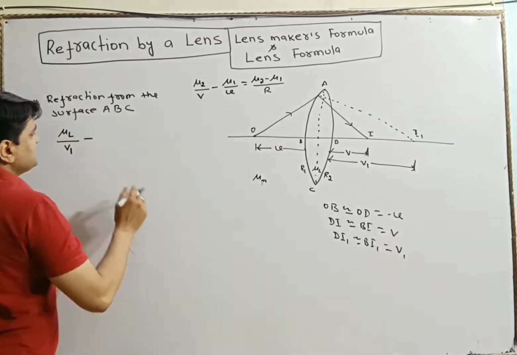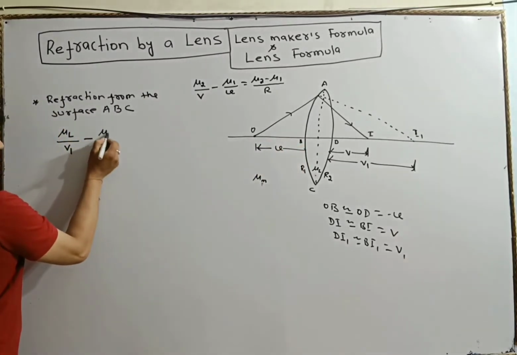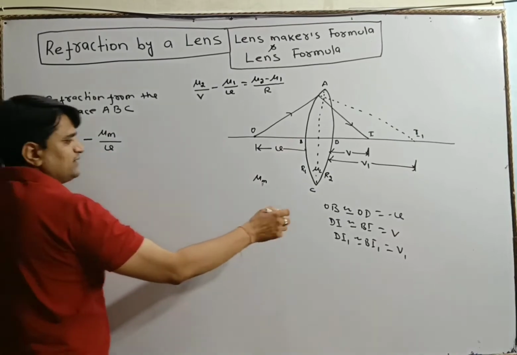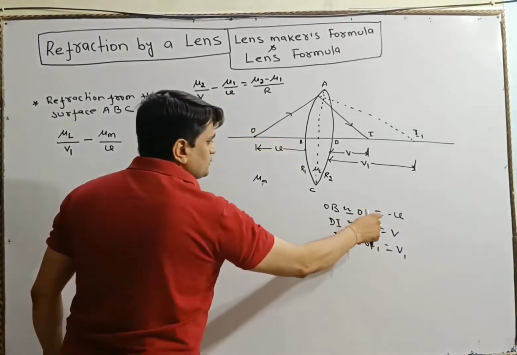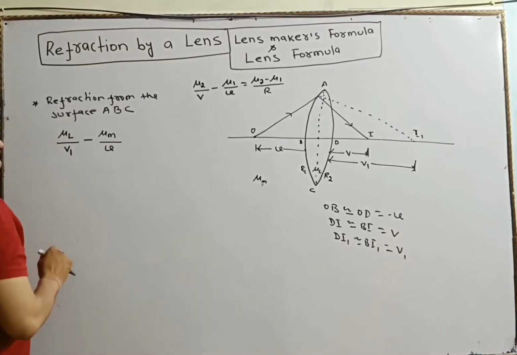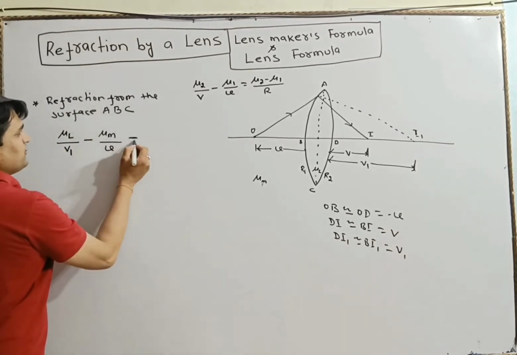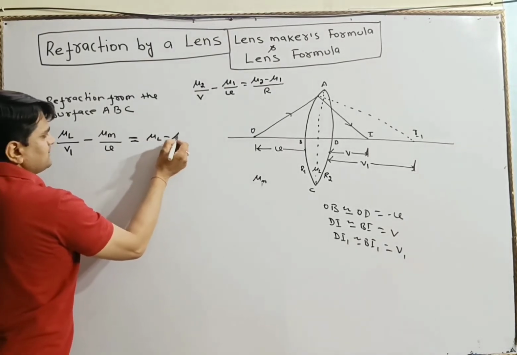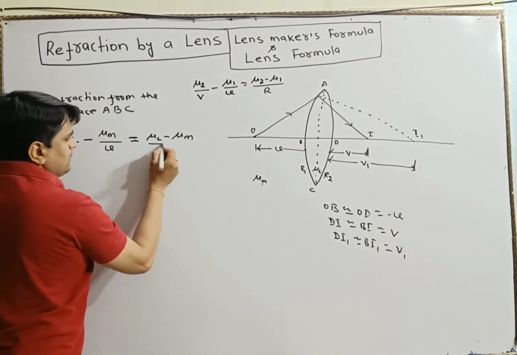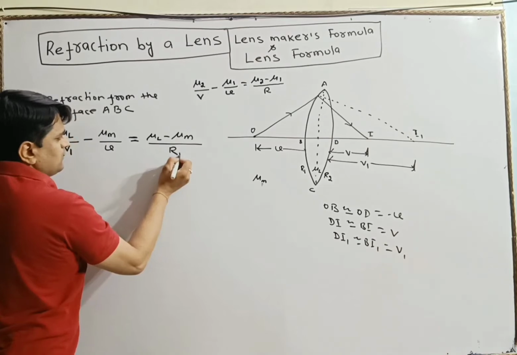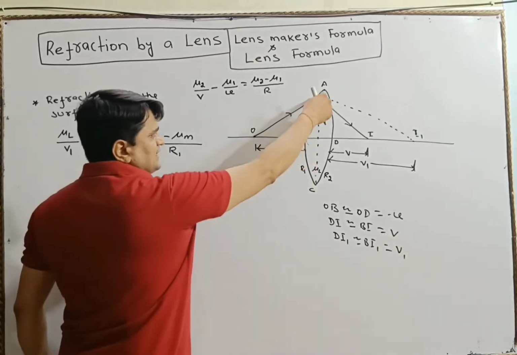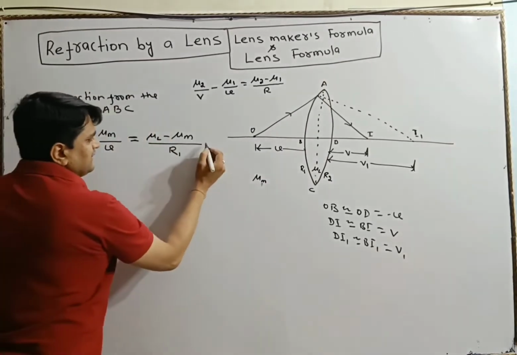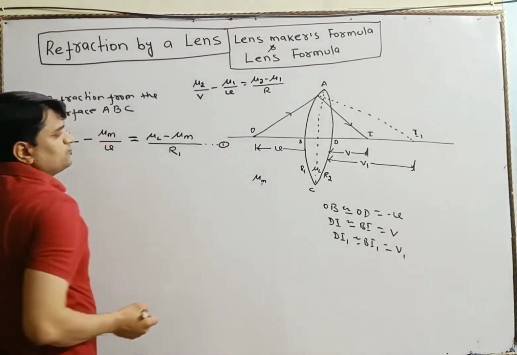The object is OB, it is in mu M, and that is U. I have written OB or OD, that is equal to U. And that will be equal to mu2 minus mu1, that is mu L minus mu M upon R1, because the radius of curvature of surface ABC is R1. Let's say this is equation number 1.